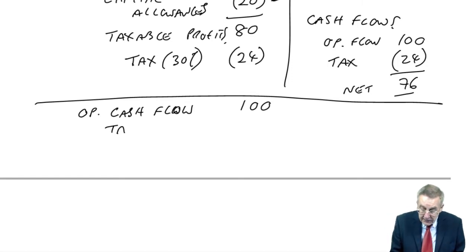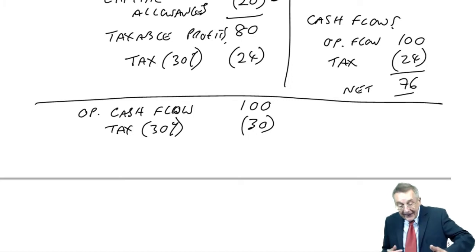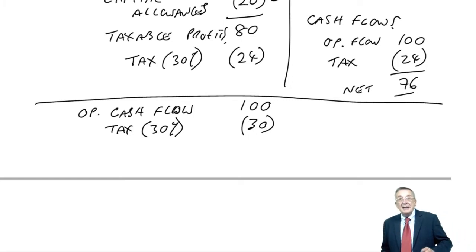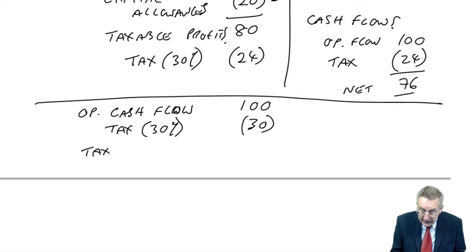The tax at 30% would be 30. However, we know we're not going to pay tax. Why not? Because they actually tax us on the taxable profit. And why is it going to be lower? We're going to save tax on the capital allowances.